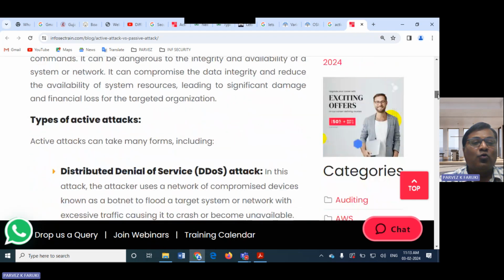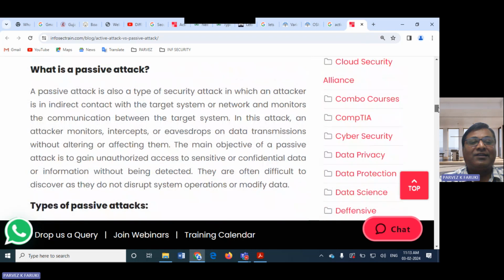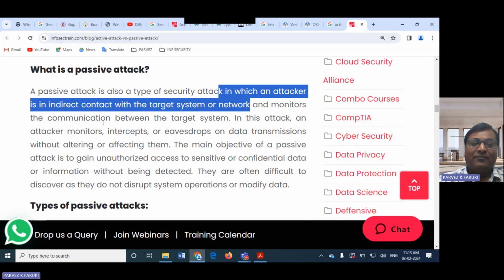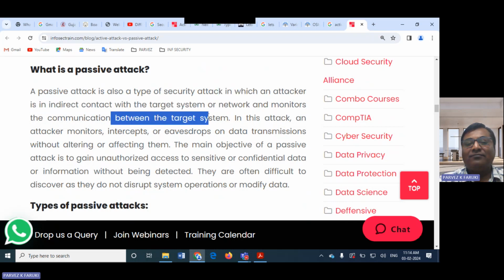So let's just go to what a passive attack is. A passive attack is a security attack in which the attacker is in indirect contact with the target system or network, and he passively monitors the system. His job is to do reconnaissance.